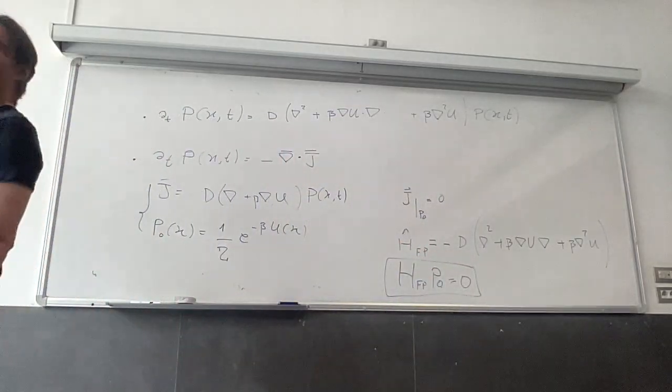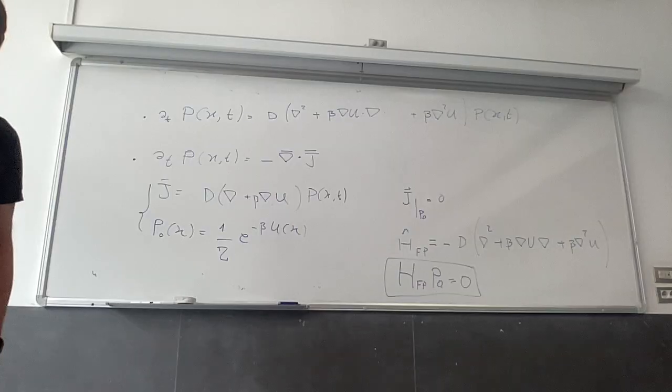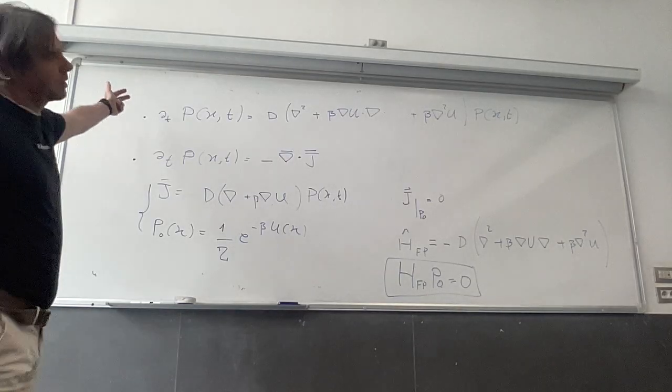A zero mode is an eigenfunction with zero eigenvalue. So the Gibbs solution is the zero mode of the Fokker-Planck operator, so it's a solution of the Fokker-Planck equation.